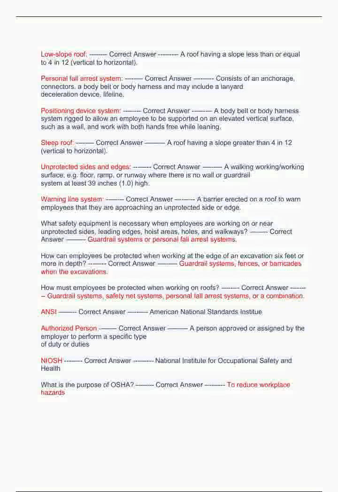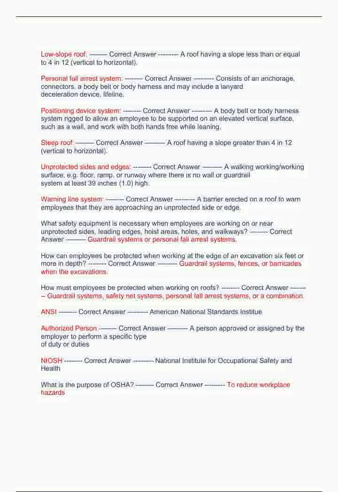ANSI. Correct answer: American National Standards Institute. Authorized person. Correct answer: a person approved or assigned by the employer to perform a specific type of duty or duties. NIOSH. Correct answer: National Institute for Occupational Safety and Health.